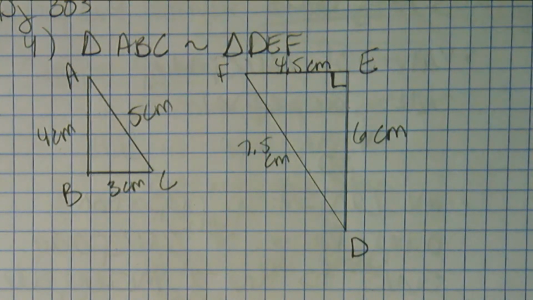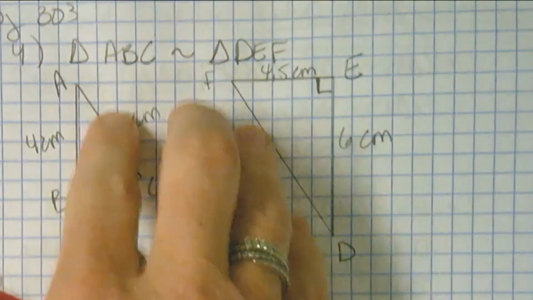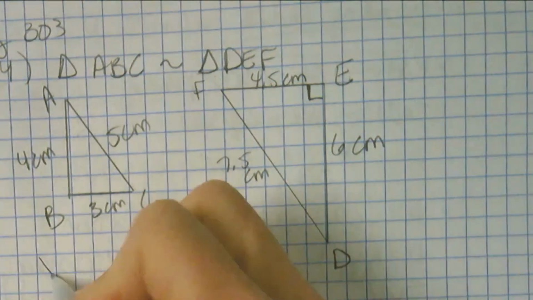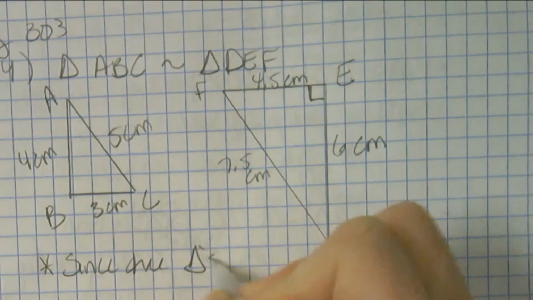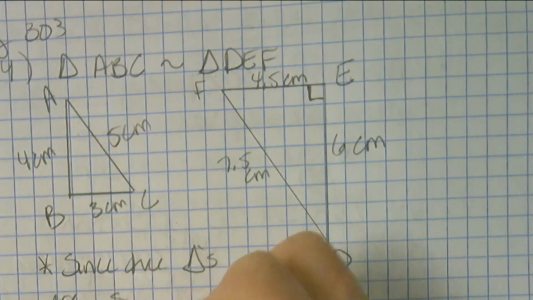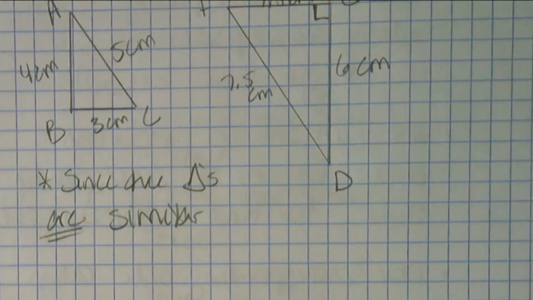They're equal. So since we are stating that these are similar triangles, I'm going to put a little note here. Since the triangles are similar triangles, we're not proving that they're similar. We already know that they are similar triangles.